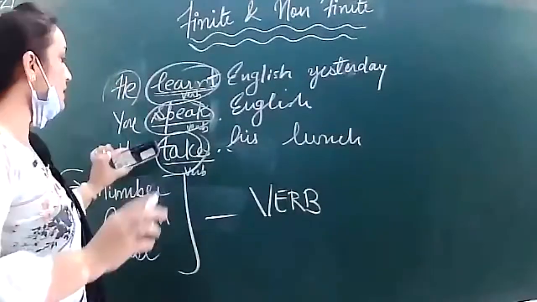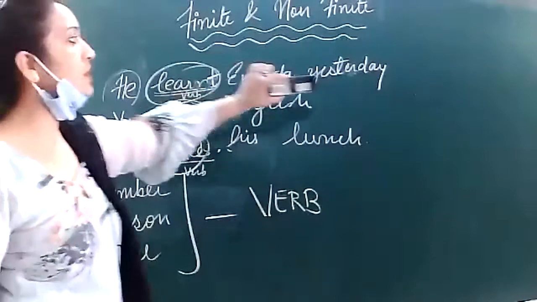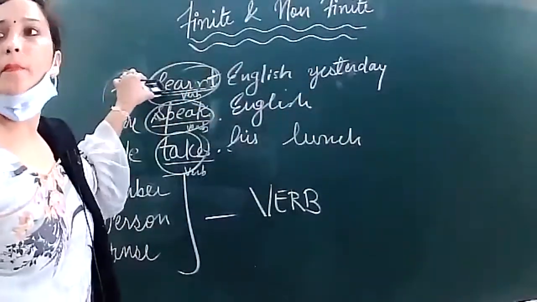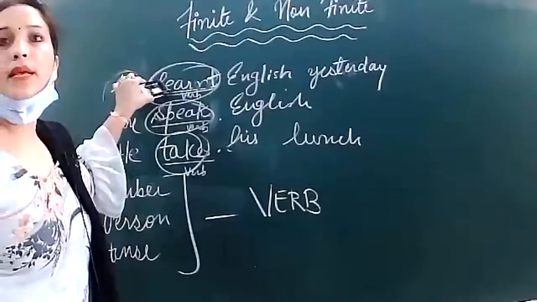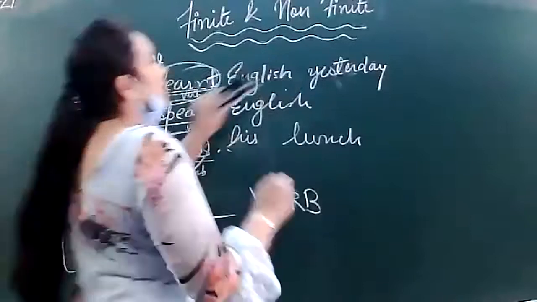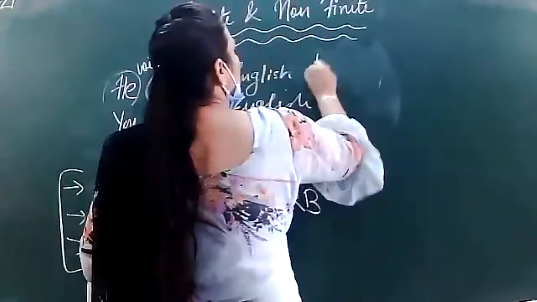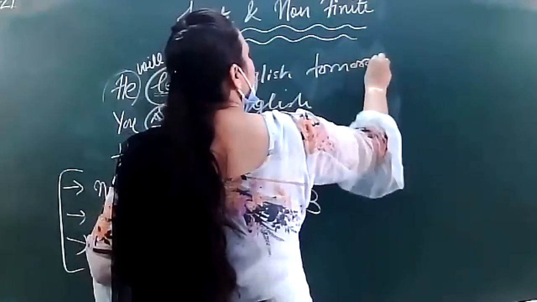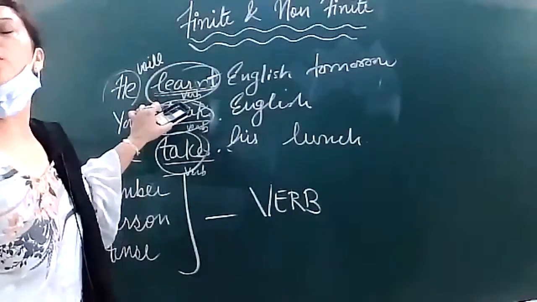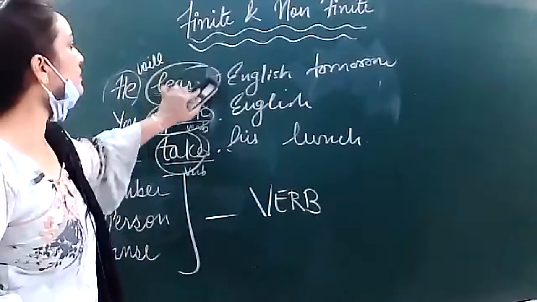And tense. According to tense also, suppose I have added yesterday, so I will write past tense. If I write tomorrow, then will this verb change or not? What changes will I make?